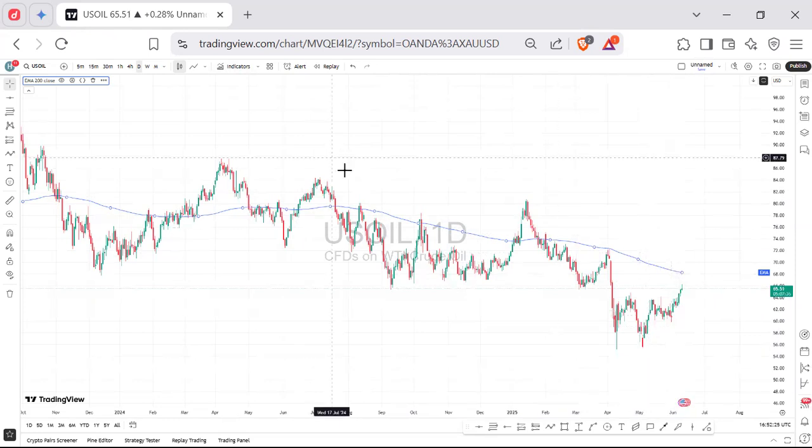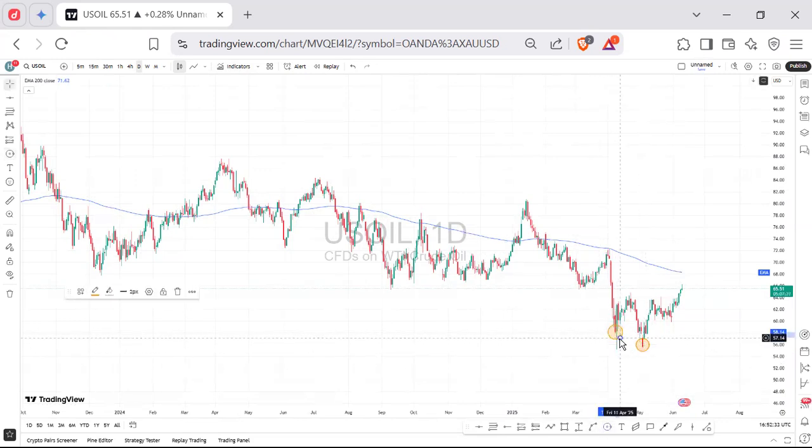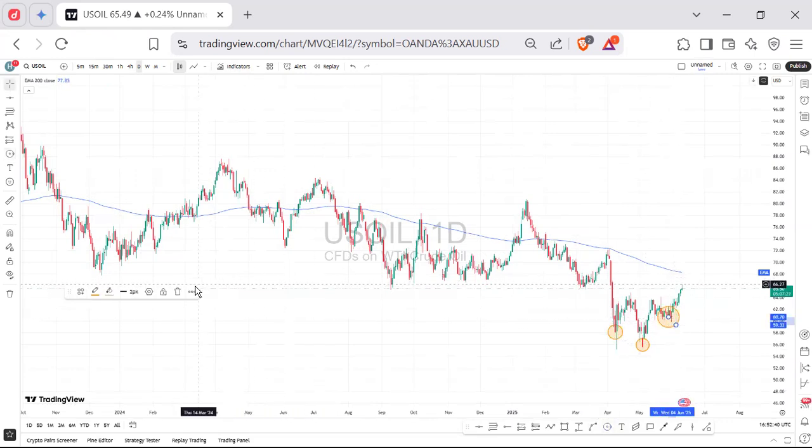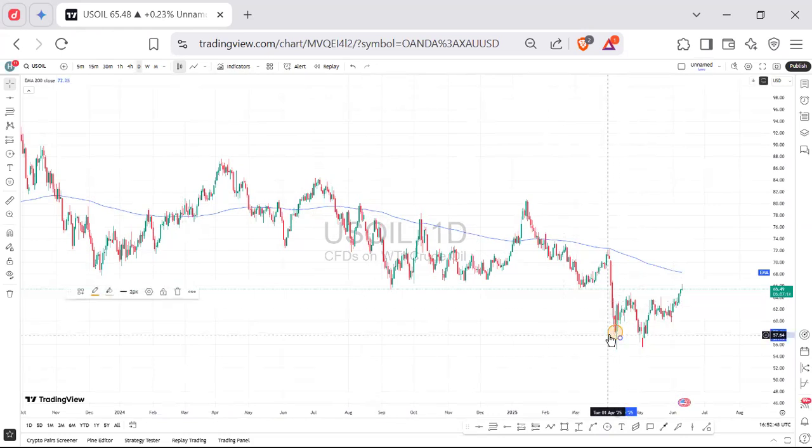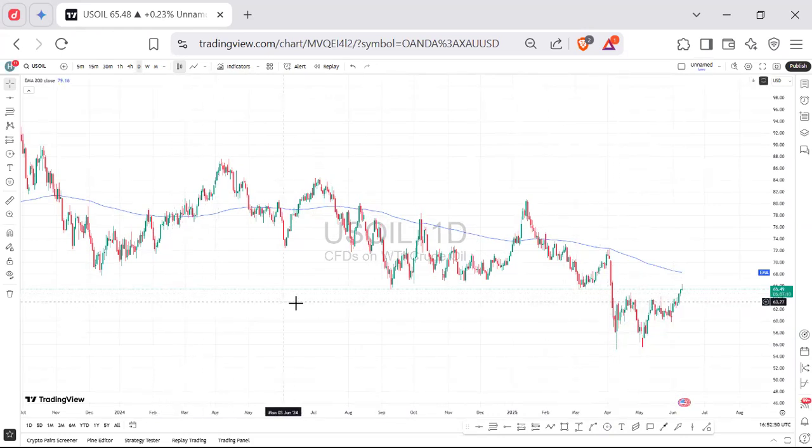Do you understand? Even despite the fact that we can see something like an inverted head and shoulders, which shows that the market is about to move up, the moving average indicator is still telling you, okay, chill. There are still sellers in the game.